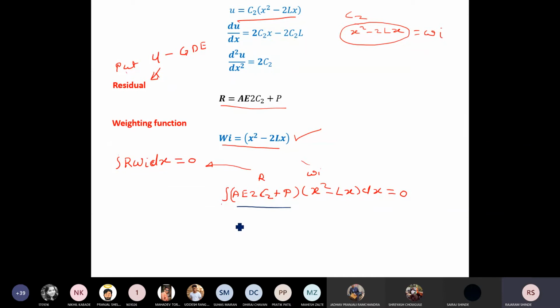I can take it out of the integration, that is AE into 2C2 plus P, integration of x square minus Lx dx is equal to 0. Have you got up to here?